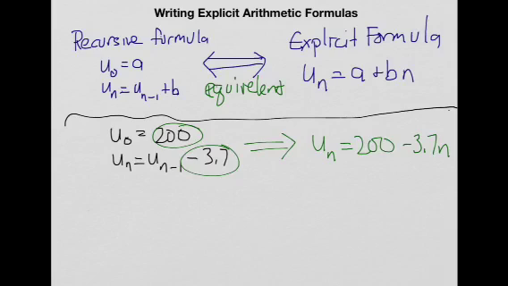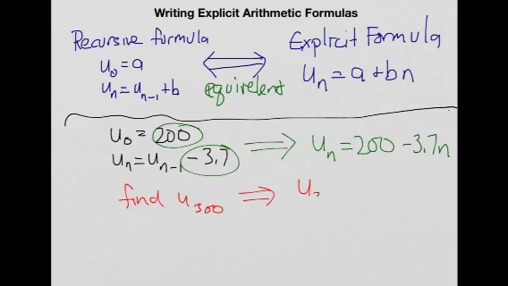Now say I want to be cruel to you and say, find u sub 300. We could use our recursive formula, and we could make our table and go up to the 300th term, or we could type it in the calculator and wait for it to find that 300th term for us. Or we can use the explicit formula.